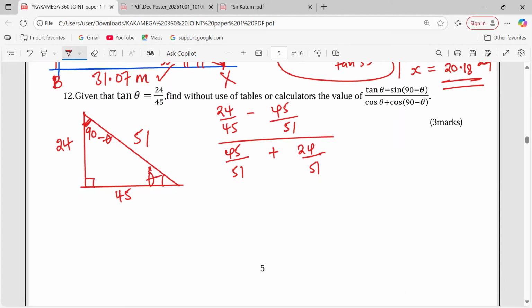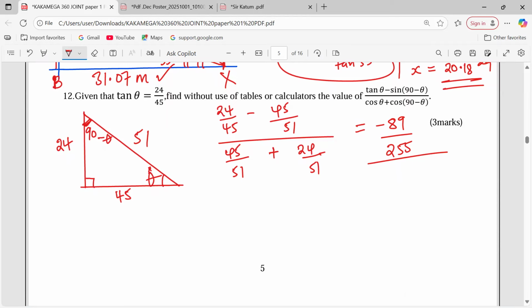So now I'm having 24 out of 45 minus 45 out of 51. That gives us negative 89 out of 255. Then I divide by 45 over 51 plus 24 out of 51.